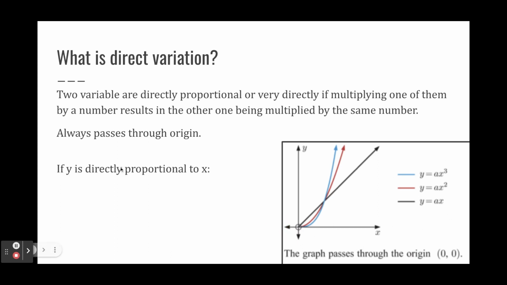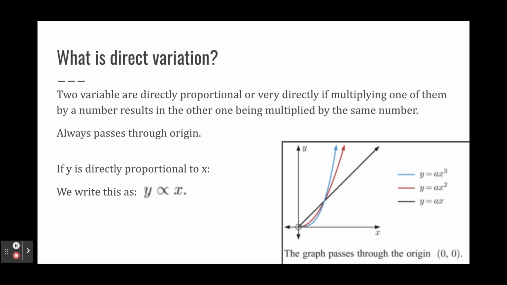If y is directly proportional to x, then we can write it as follows, where we have our two variables, and this symbol in between is the symbol for directly proportional. It's basically like an infinity sign, but it's missing kind of half of the second loop. And this symbol is going to be used for directly proportional.